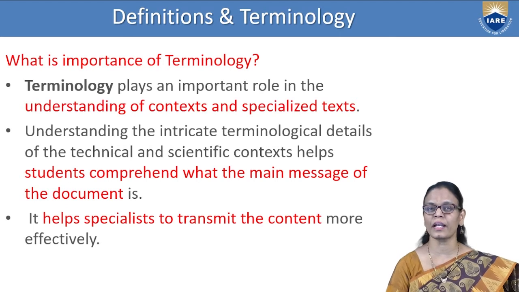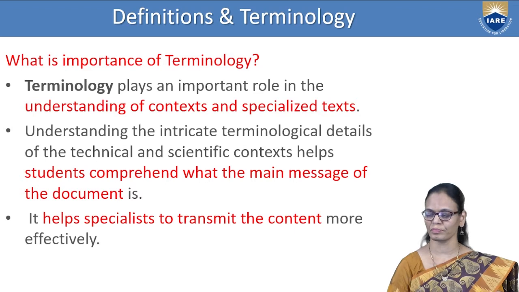Understanding the intricate terminological details of technical and scientific concepts helps students to comprehend the main message of the document. Not only that, it also helps specialists to transmit the content in a very effective manner.